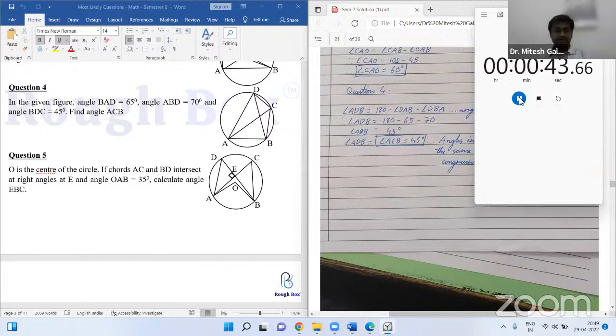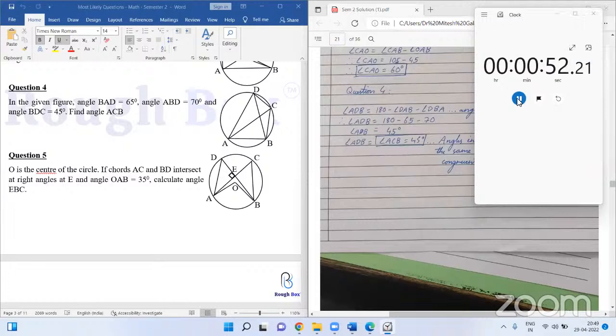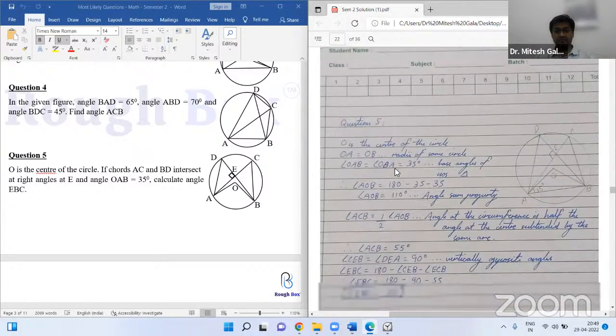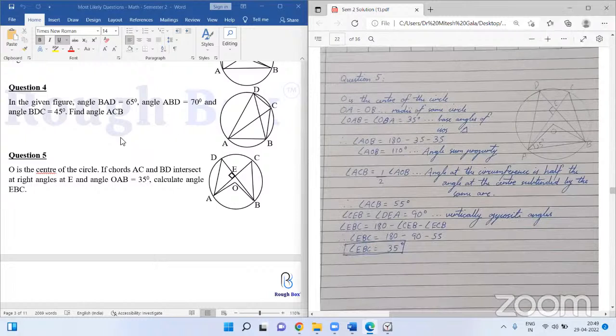Could you get it, everybody? Yes, sir. Calculate EBC. So can you please explain this sum? Yeah, fine. Let's look at the solution also.